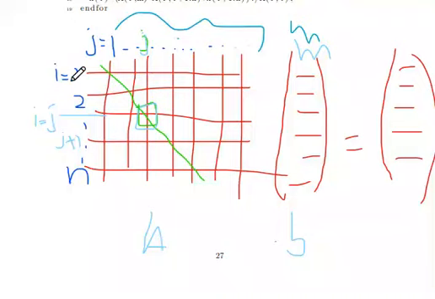So I took two counters. One is i for counting rows, and j is for counting columns, right? So j is going from 1 to m, and i is going from 1 to n.